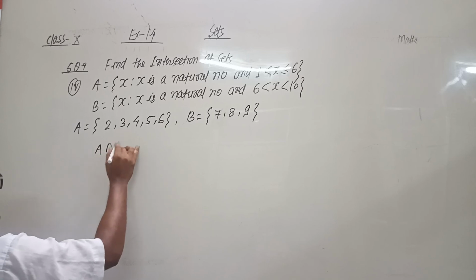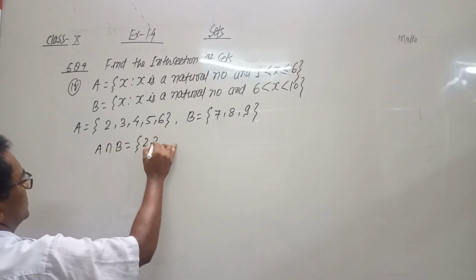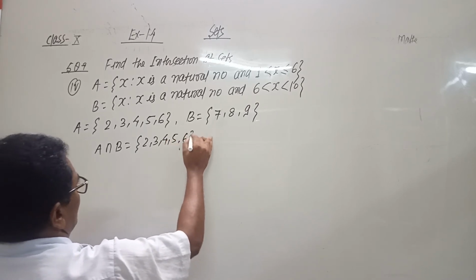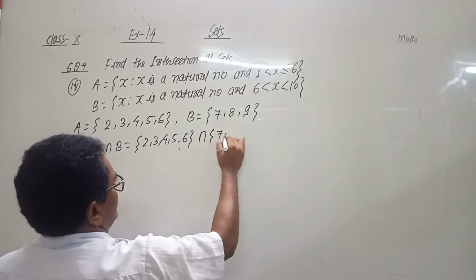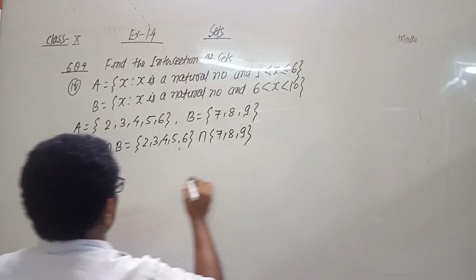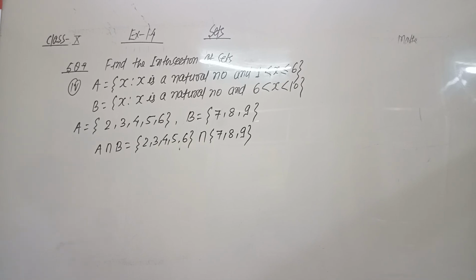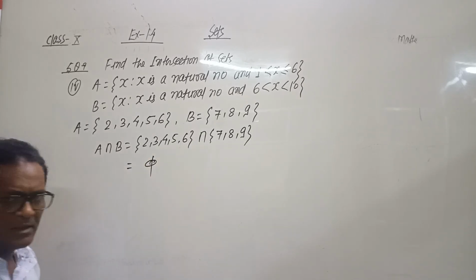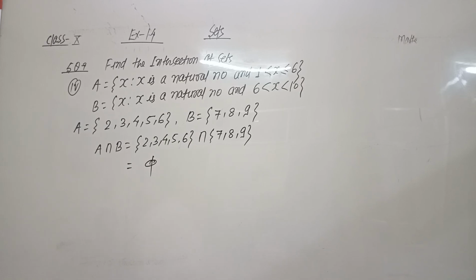Now we have to find A intersection B. So 2, 3, 4, 5, 6 intersection 7, 8, 9. Nothing is common in these two sets. So if nothing is common, then the intersection will be written as phi, which means null set. So A intersection B is a null set.